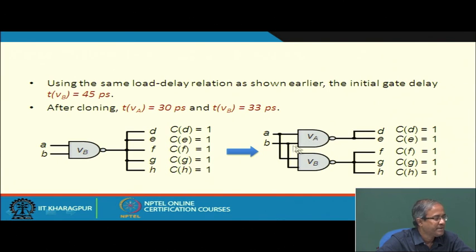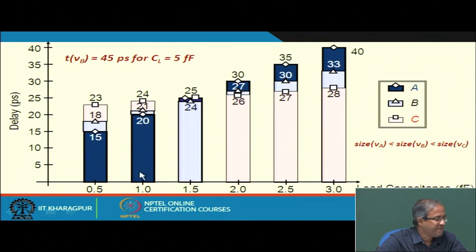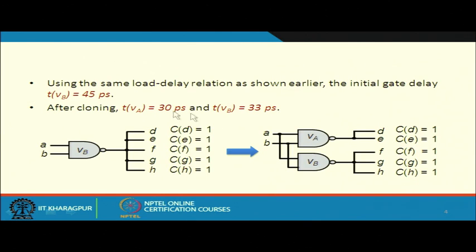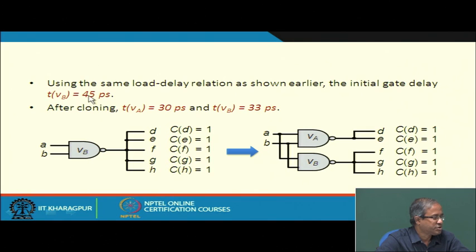So VA with capacitance 2 and VB with capacitance 3. VA with load 2 has delay 30, and VB with capacitance 3 has delay 33. So instead of 45, now the delay is 30 here and 33 here. We have been able to reduce the delay, right?